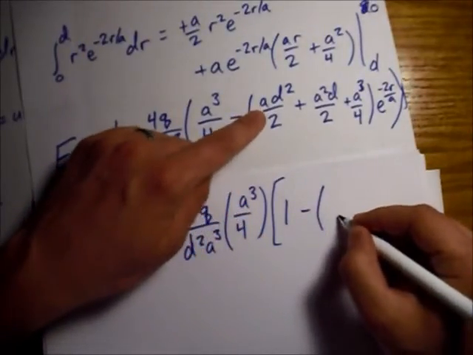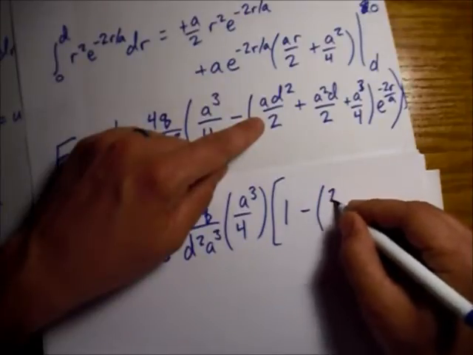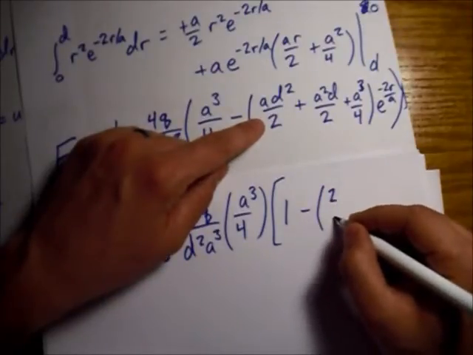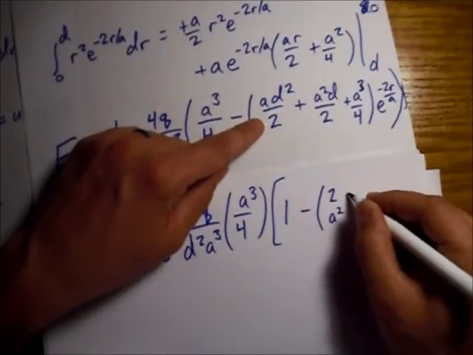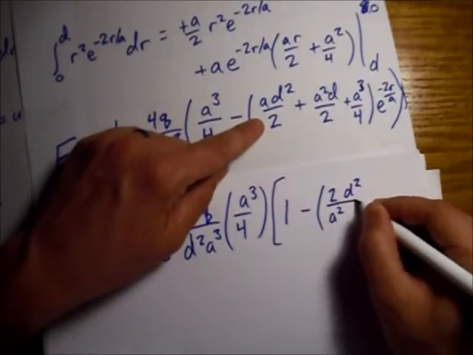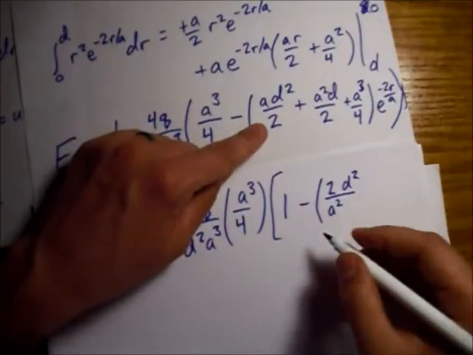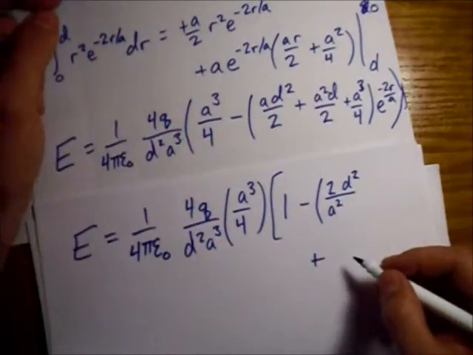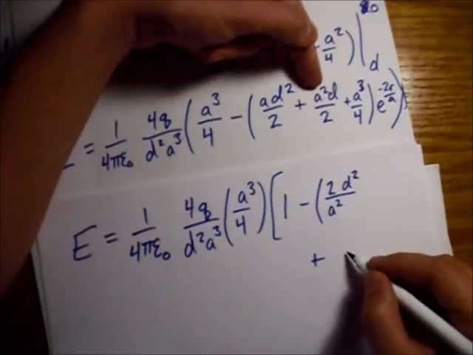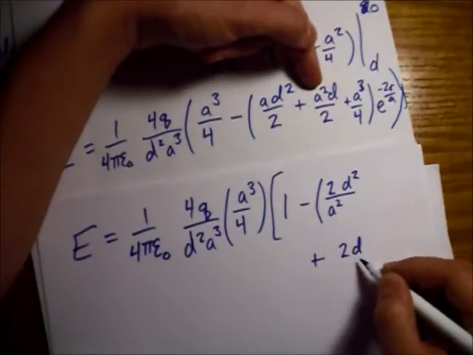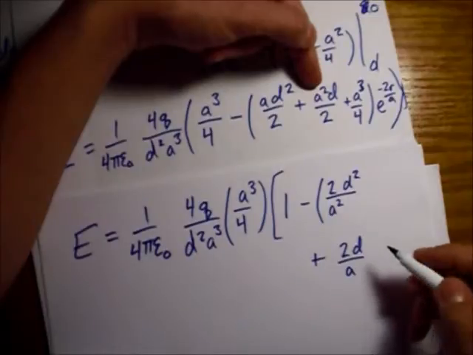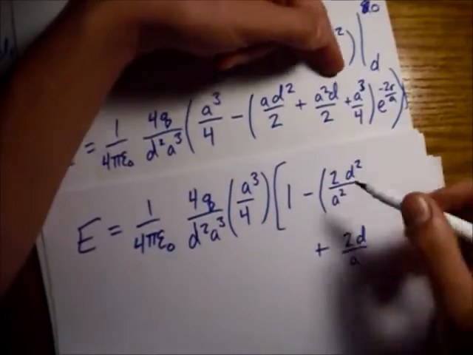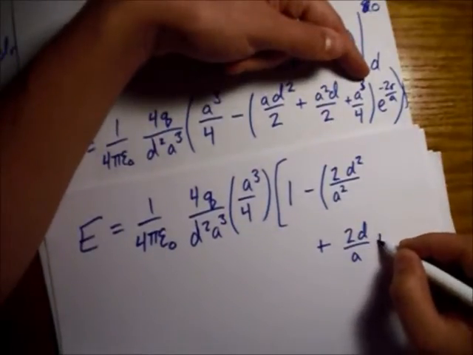what does that give us? That gives us 2 on top and an a squared and a d squared on top. Okay, plus 2d over a from this term, and then this one is nice and easy, it's just a 1.